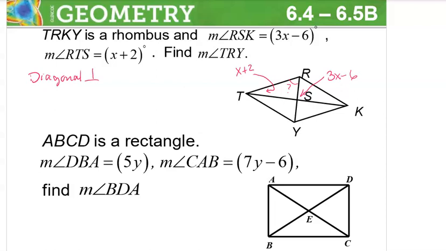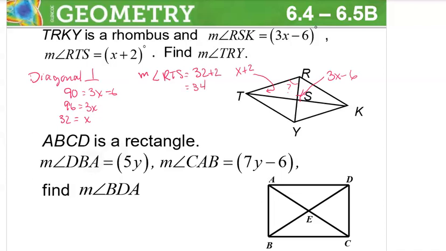So if they're perpendicular, that means that 90 equals 3x minus 6. So I know that 96 equals 3x. So x equals 32. Once I know that's 32, then I know the measure of angle RTS equals 32 plus 2, which equals 34.